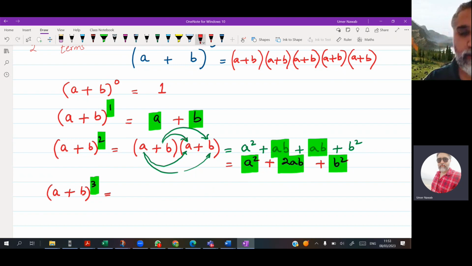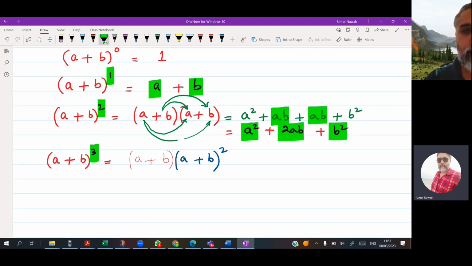Let's try. Can I write (a + b) whole power 3 as (a + b) times (a + b) whole power 2? And this one has already been expanded. Can I copy the expanded form?